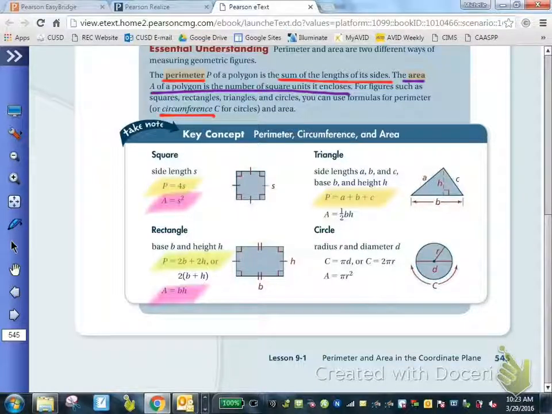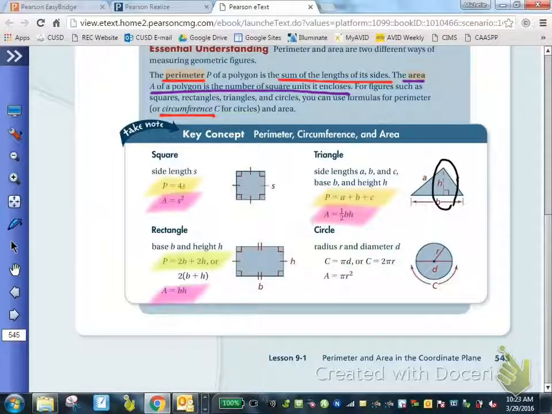And then you guys should know the formula for area. Have it memorized. What is it? A equals 1/2 BH. And that's true for any triangle. Just as a reminder, with triangles, the height is the part that forms a right angle with the base.